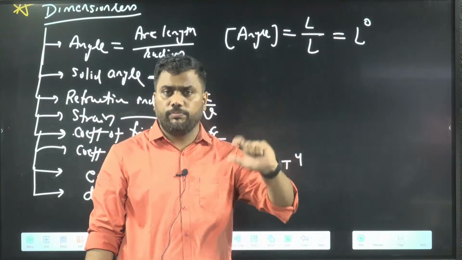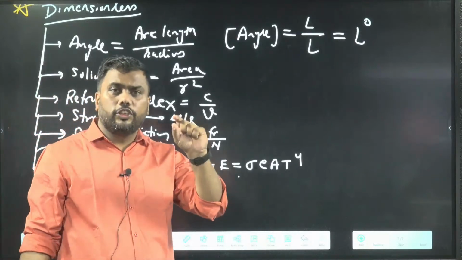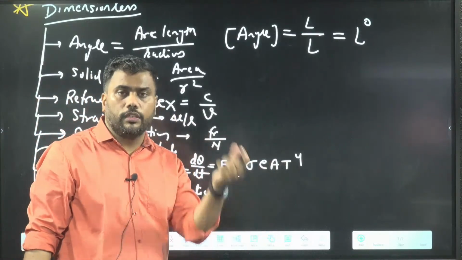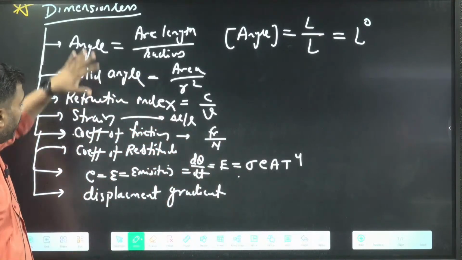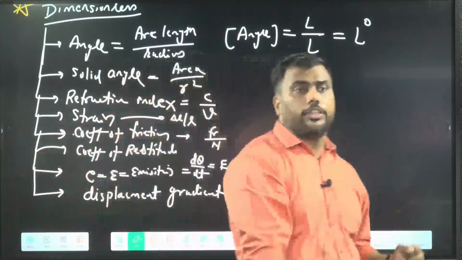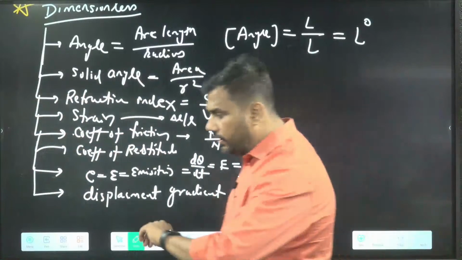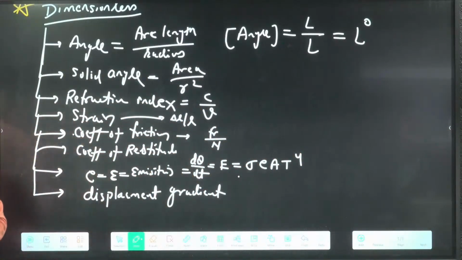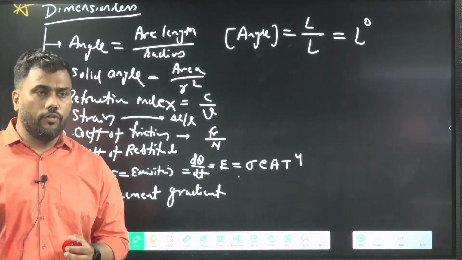So again, this is dimensionless. Displacement gradient is change in displacement upon change in position. So whenever we have a ratio of the same kind of physical quantity, we get a dimensionless physical quantity. Till this, everything clear? Any doubt?